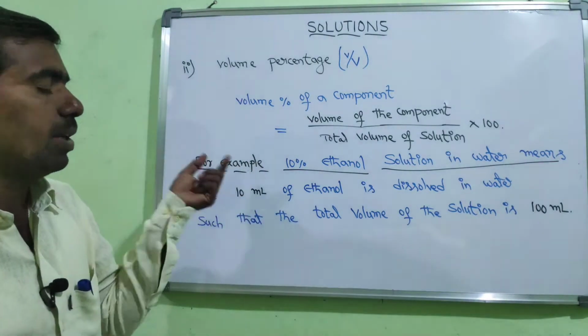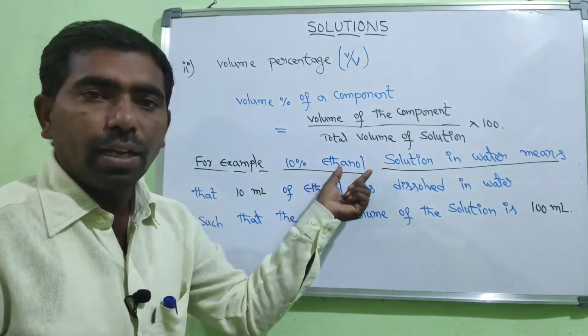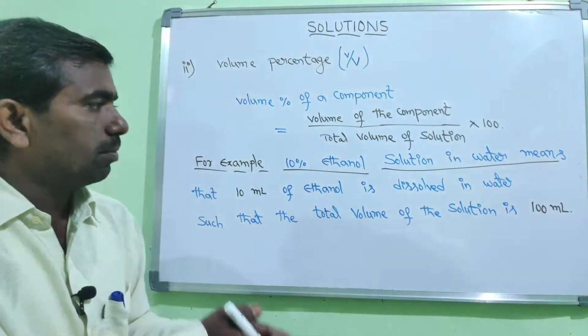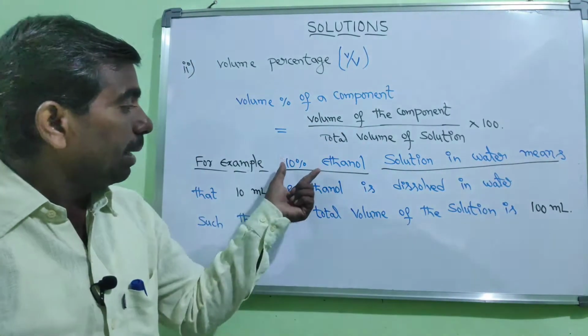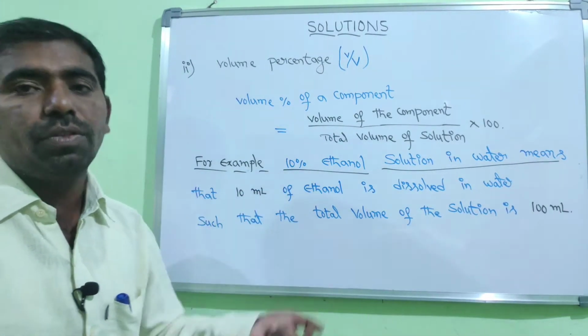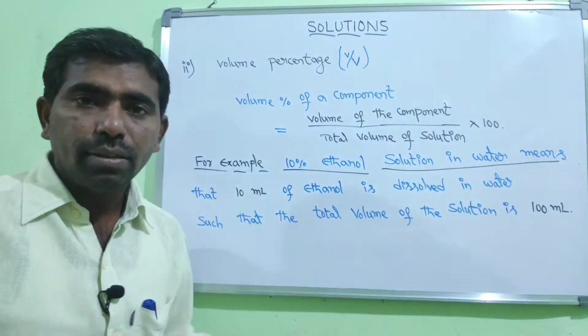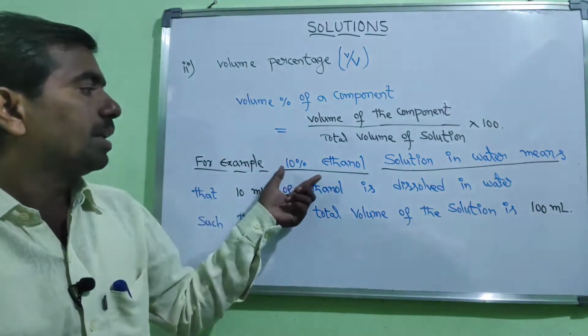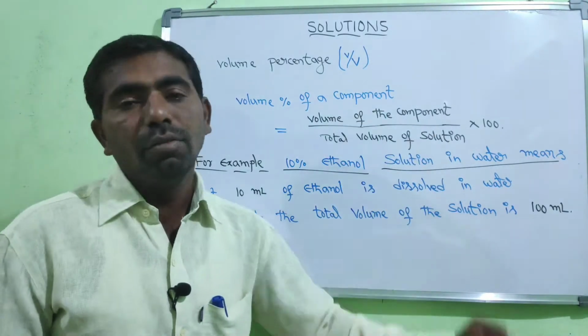For example, 10% ethanol solution in water. That means 10 ml of ethanol is dissolved in 90 ml of water, resulting in a solution of how much? 100 ml. So that is about the 10% ethanol solution in water.